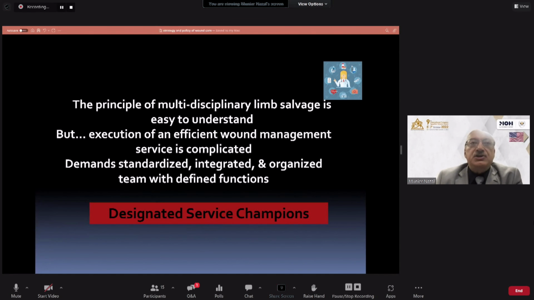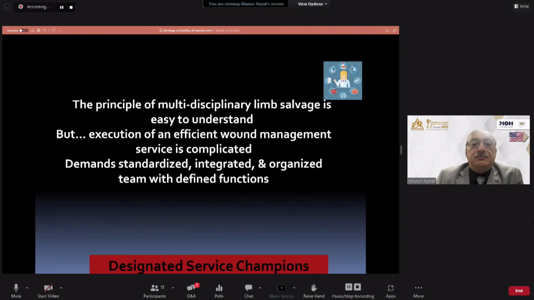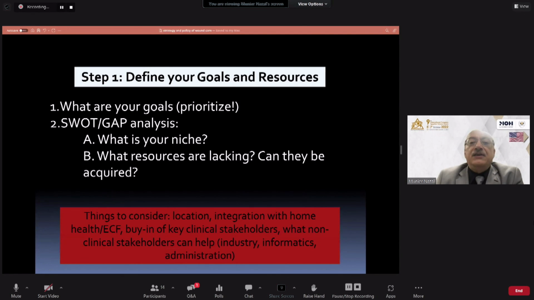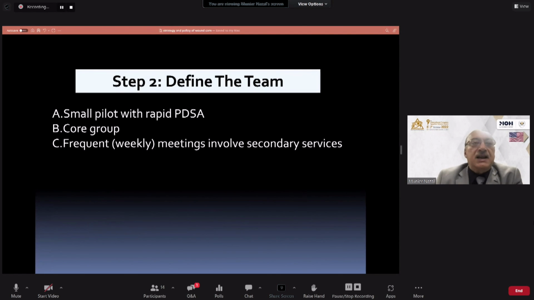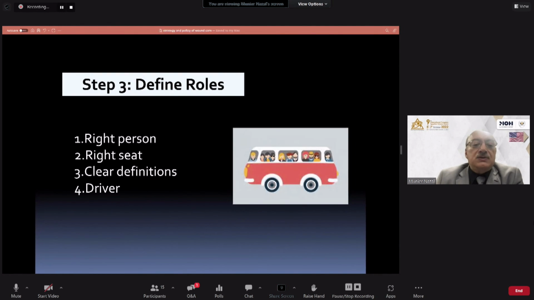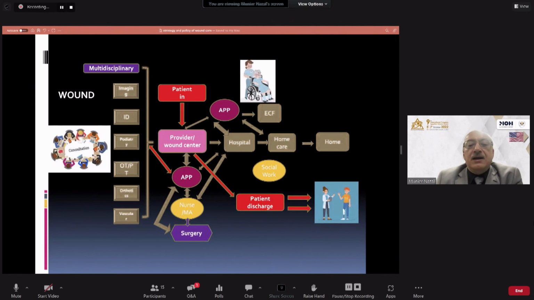Designated service champions are a must. You need to transcend being alone to being transdisciplinary. That's very important. Define your goals. This is the last strategy. Define the team, define the roles, decide who's the driver.